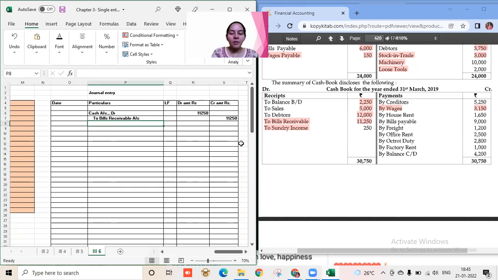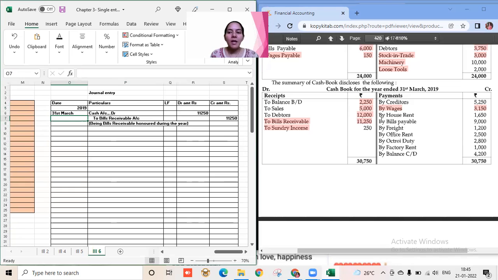So when the bill becomes honored, we'll say being bills receivable honored during the year. All these entries will be passed on 31st of March 2019.